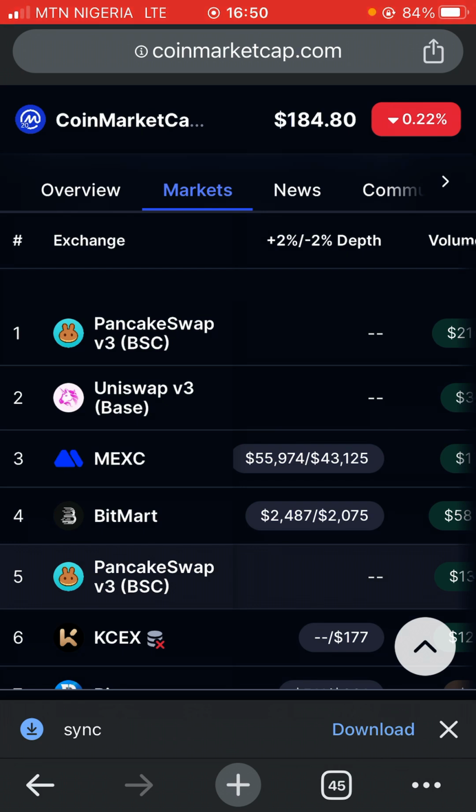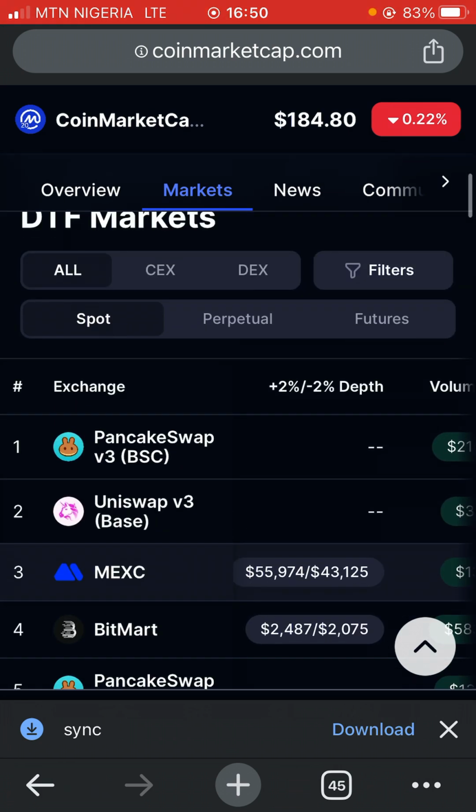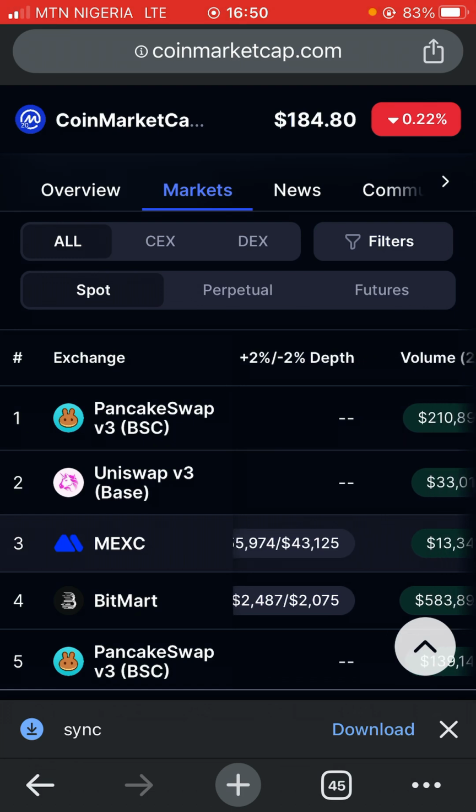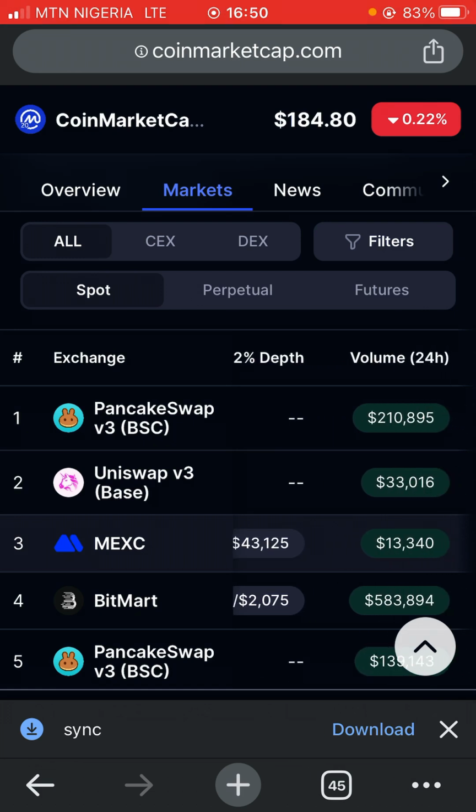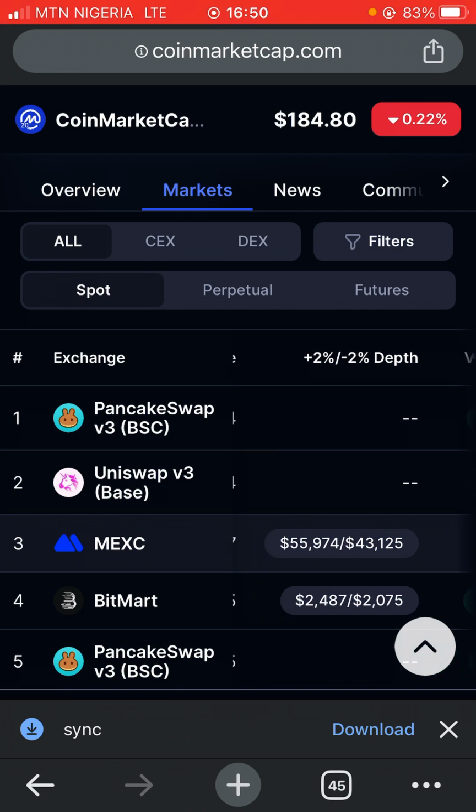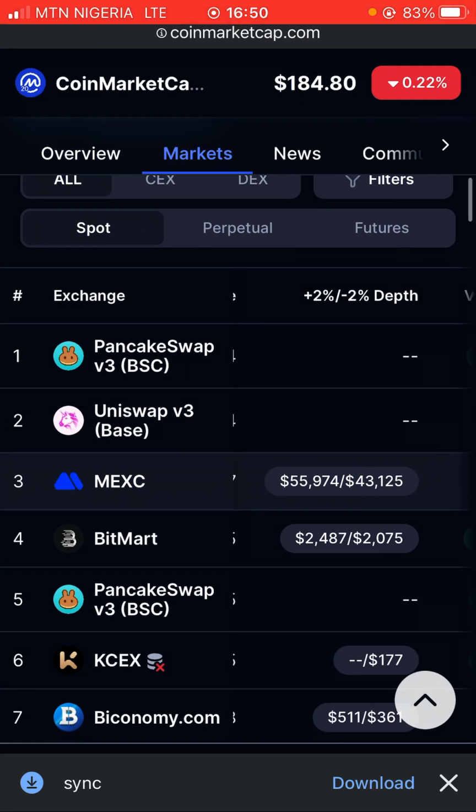So if the market should go up, it depends on the liquidity that the market has. Now if you check all these exchanges here, you will use this to know their volume and where they have more money. Do you understand? As you can see on MEXC, on the plus 2% it has about $55,000, and on the minus 2% it has about $43,000.